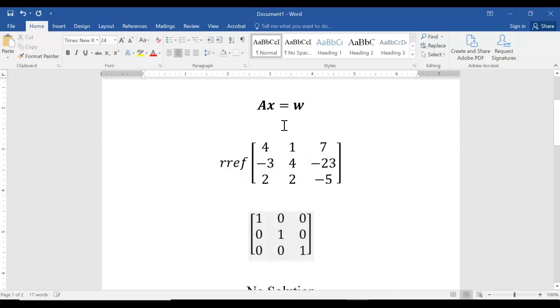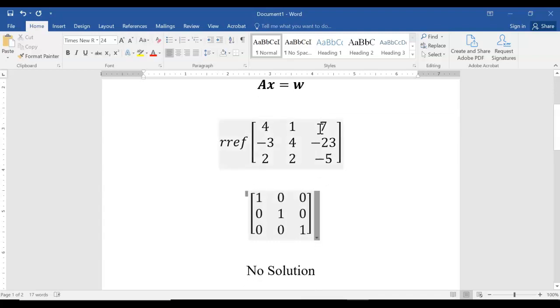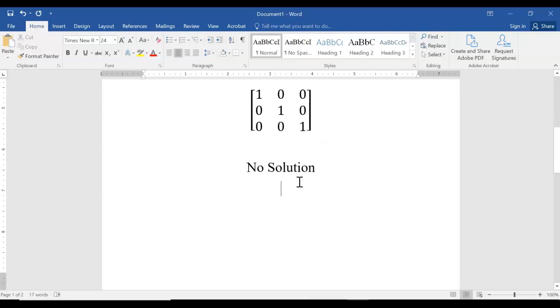So we cannot find an x which is going to make this matrix equation true. So since we can't find such an x, W is not in the range of the transformation defined by A. So it's not in the range in this case because we got no solution in our example.